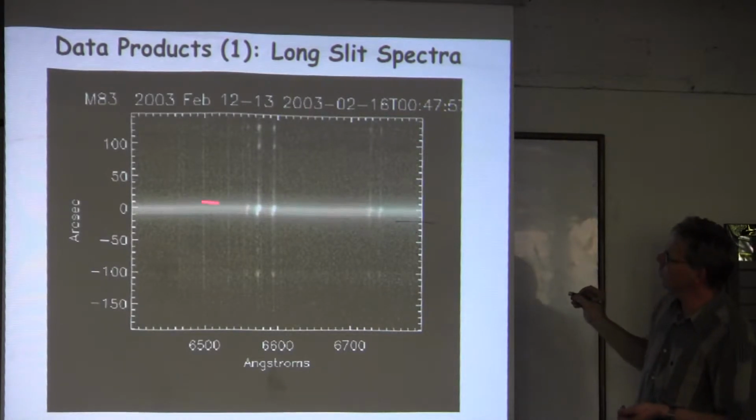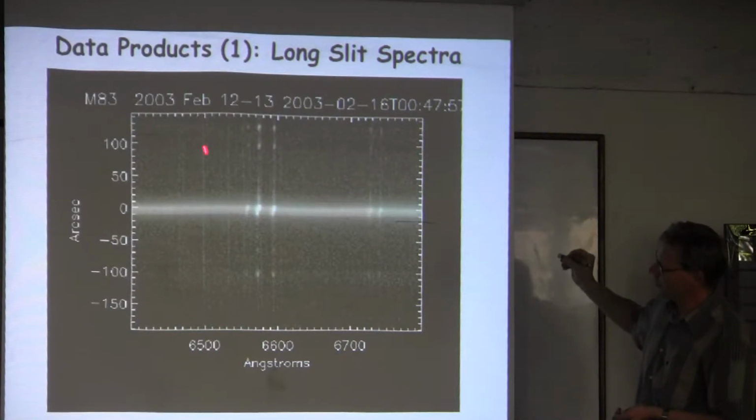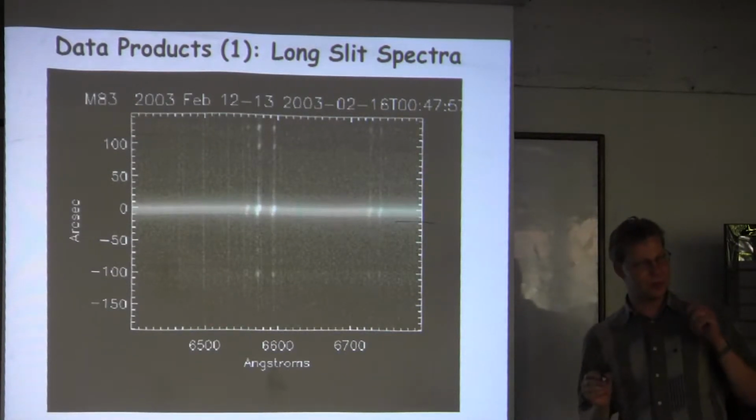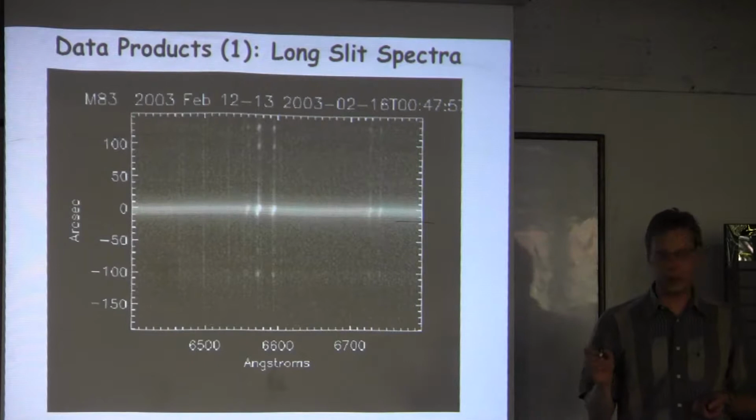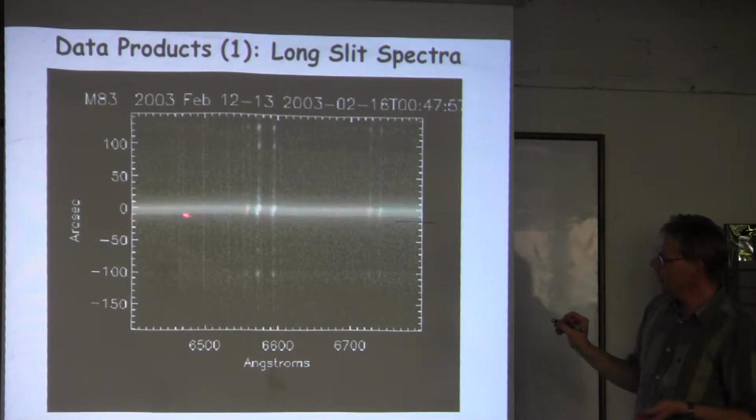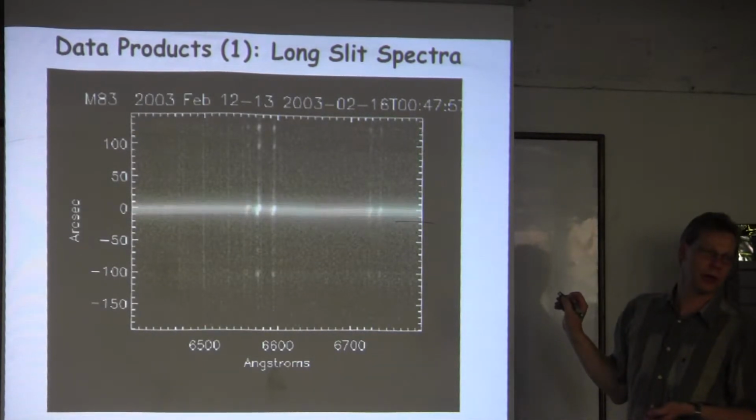So you can already, by just looking at the spectrum, say, okay, there is a lot of H-alpha emission, and it has a bright nucleus, and the atmosphere. It's also nice that sometimes you have these lines, because at some point you need to wavelength calibrate the spectrograph.